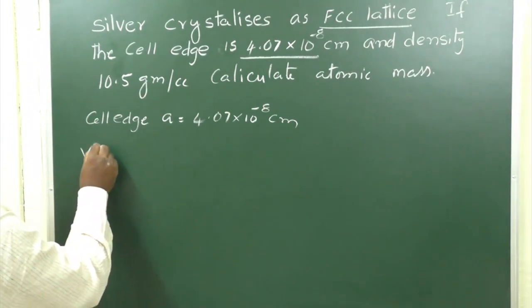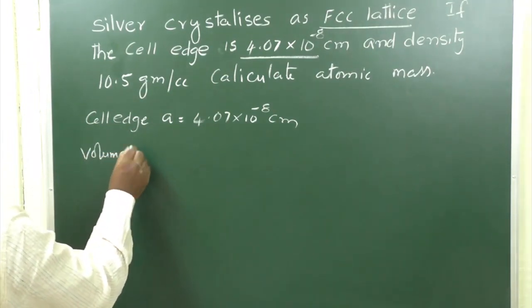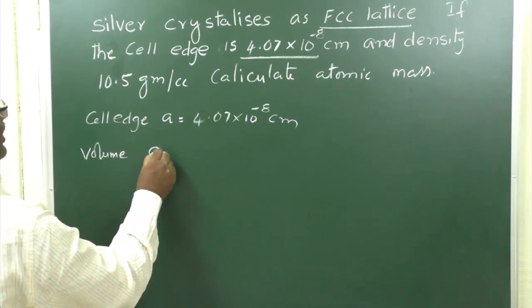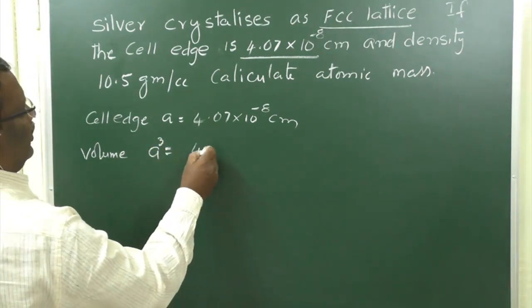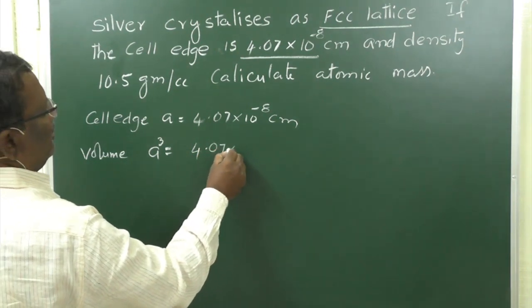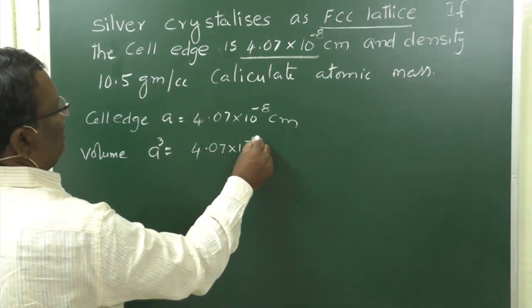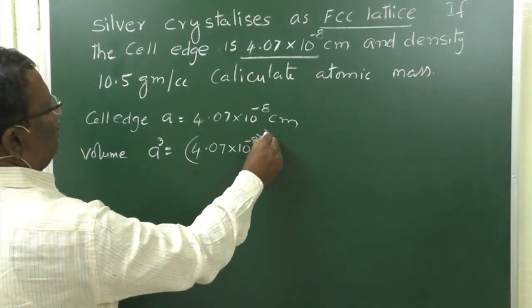Then volume of unit cell is A cube, which is 4.07 into 10 to the power minus 8 whole cube.